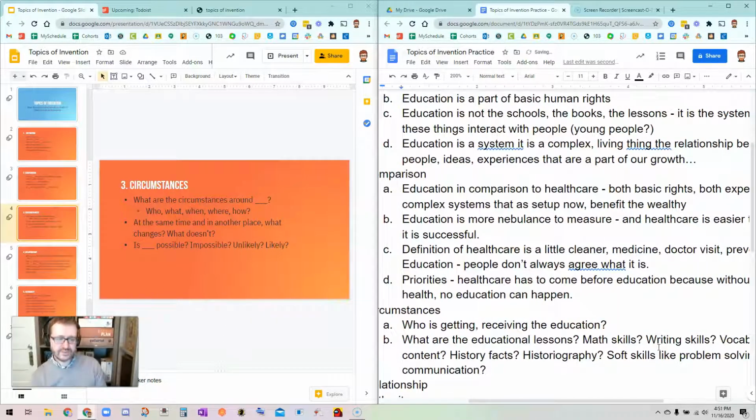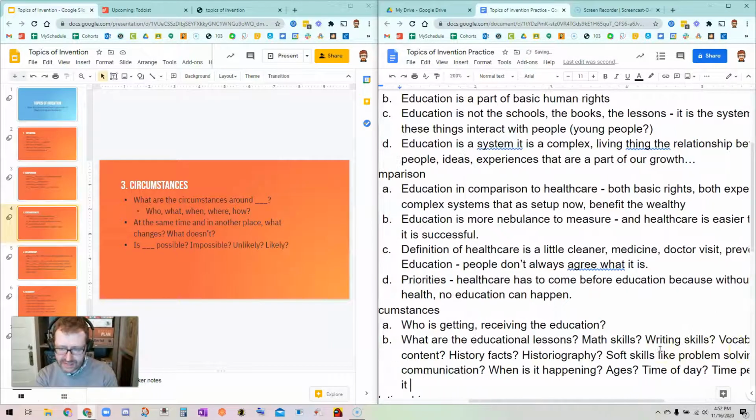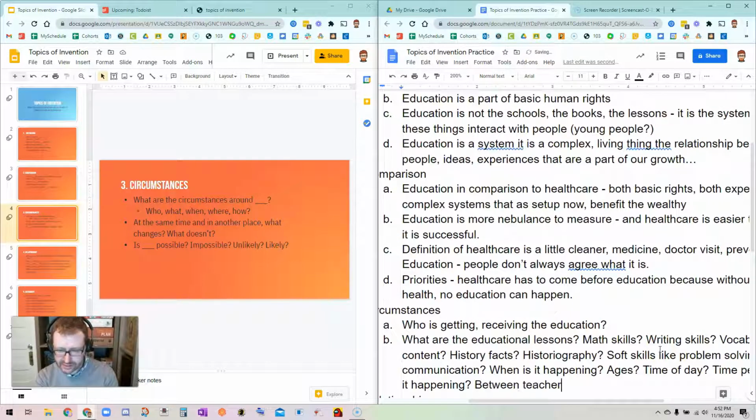And so when it comes to education, people don't even agree on what that means. What are the learning things that need to happen? When is it happening? Which ages? Time of day? Are we talking about modern education? Time period, right? Is it the same now as it always has been? How is it happening between teachers and students, between worksheet, students and life experience?